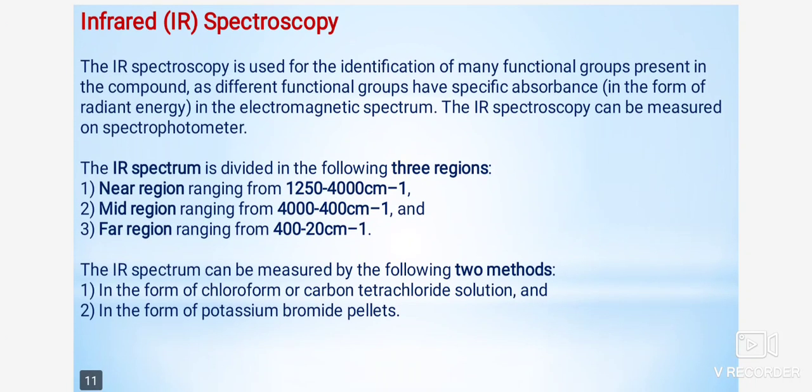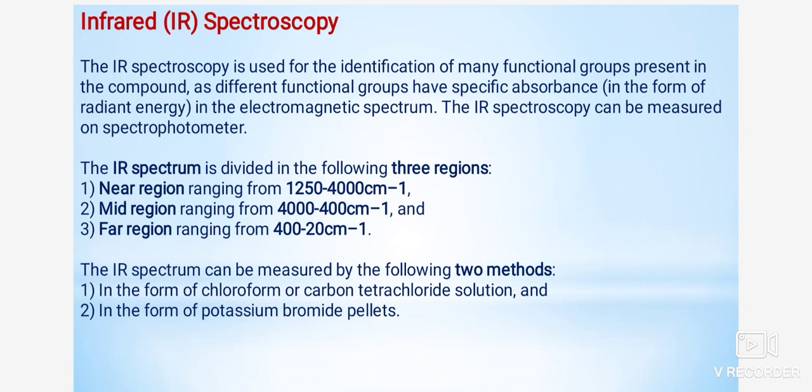Then infrared spectroscopy. IR spectroscopy is used for the identification of many functional groups present in the compound, as different functional groups have specific absorbance in the form of radiant energy in the electromagnetic spectrum. IR spectroscopy can be measured on a spectrophotometer.